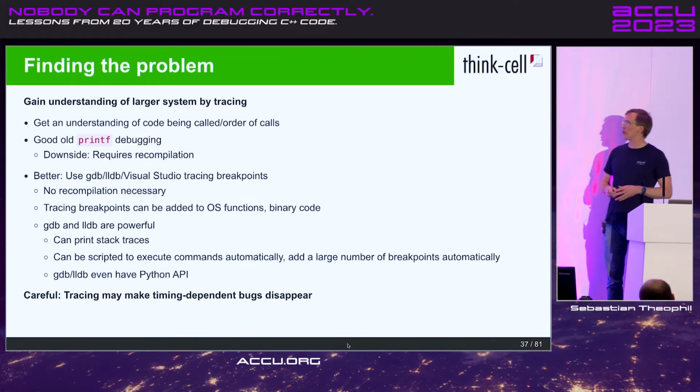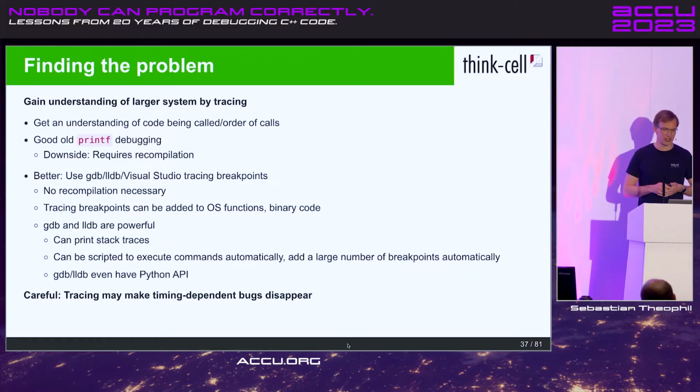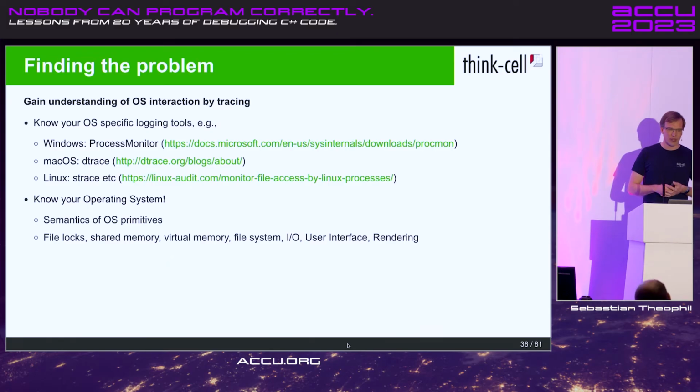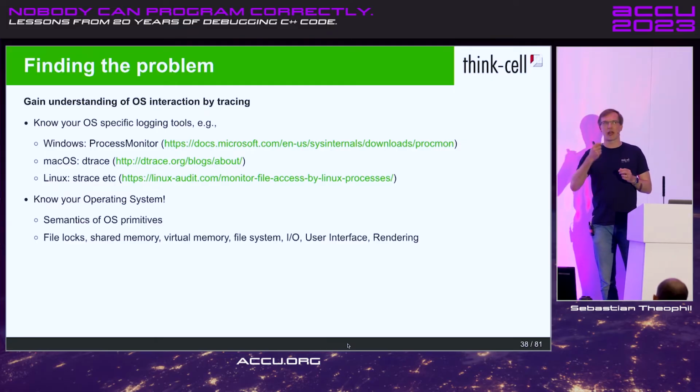But again, a warning, as always: interacting with your program may make some kinds of bugs disappear, unfortunately. Sometimes the problem we're looking for is a bit simpler. Maybe we're just looking for a problem where our application interacts with the operating system in a specific way, and that interaction fails somewhere.